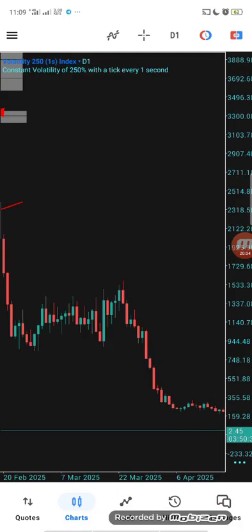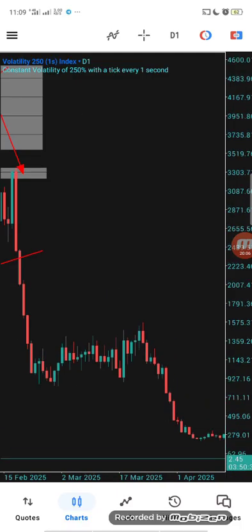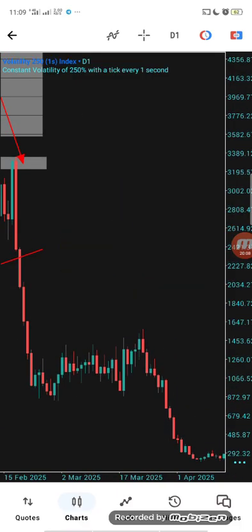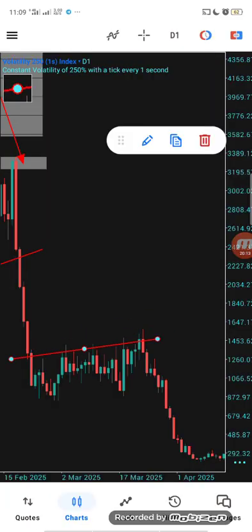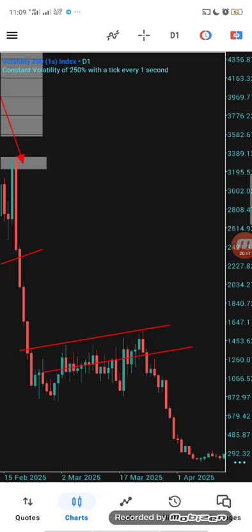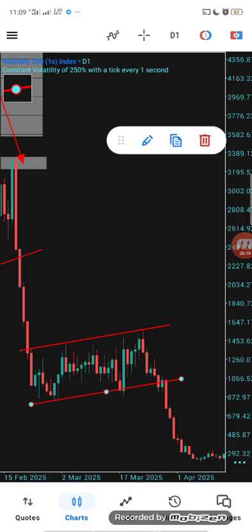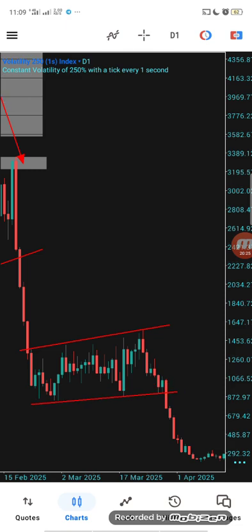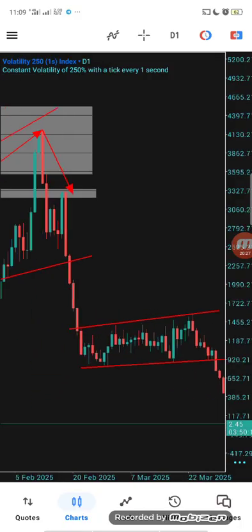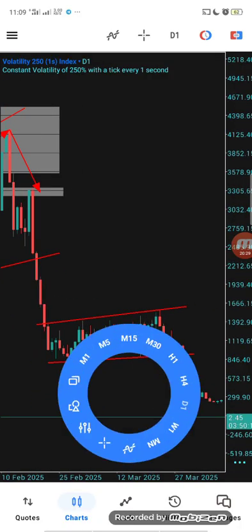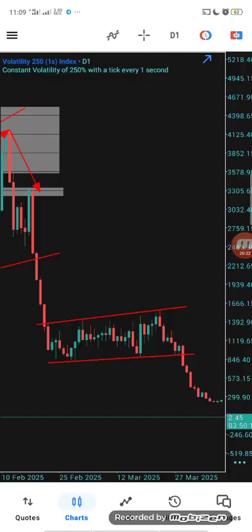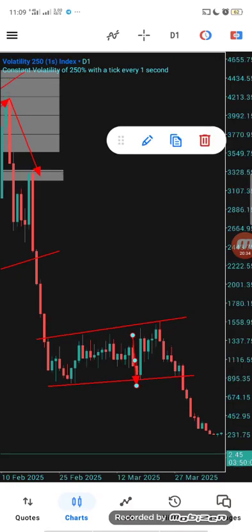Okay, even here there's something, let me see. We have that, and to the downside, make sure it touches only the wicks like that. Yes, we have a bearish flag, and a bearish flag usually breaks to the downside.